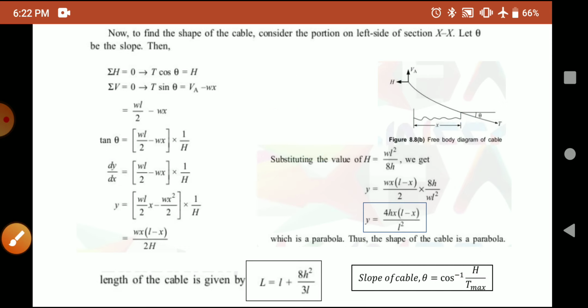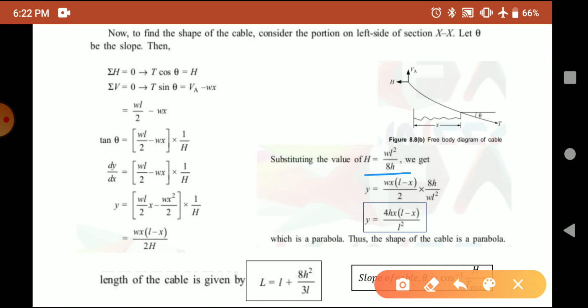Now what is the value of H? That we have already seen as WL square by 8h. So substituting the value of W in this equation, we can simplify this as y is equal to 4h into x into L minus x by L square, where h is the central dip of the cable, x is the distance from the left support where we want to find out the deflection y, L is the distance between the two supports, right?